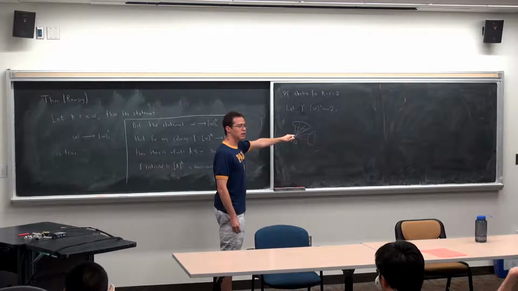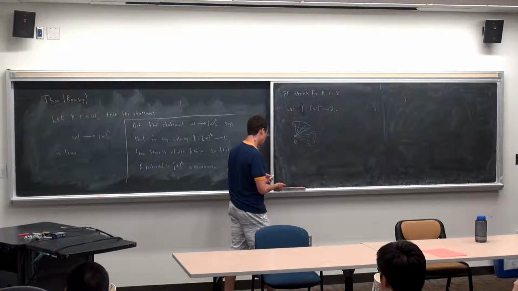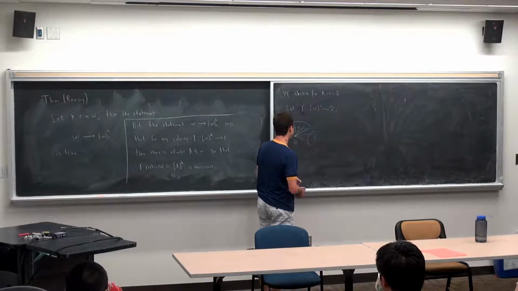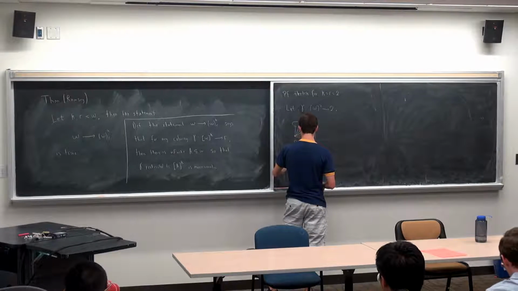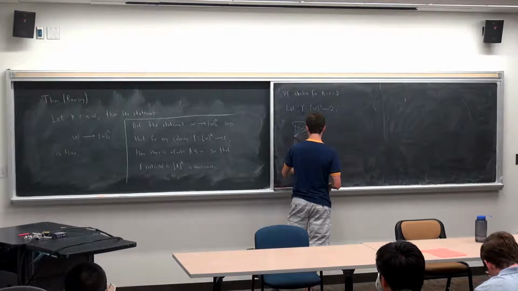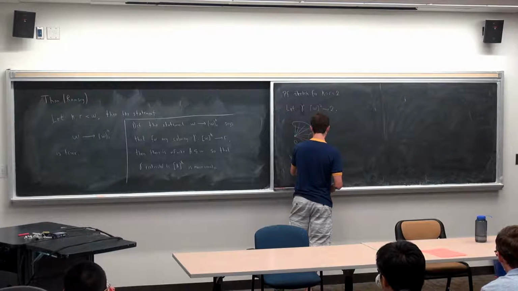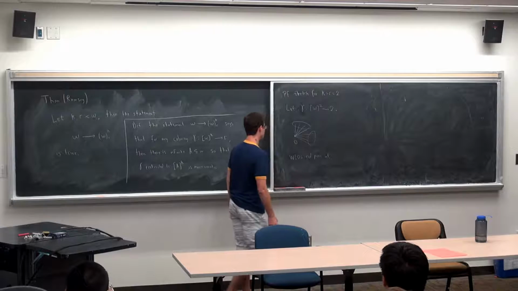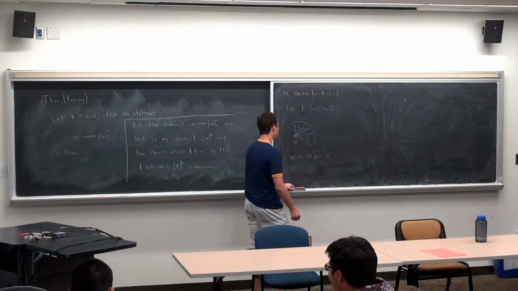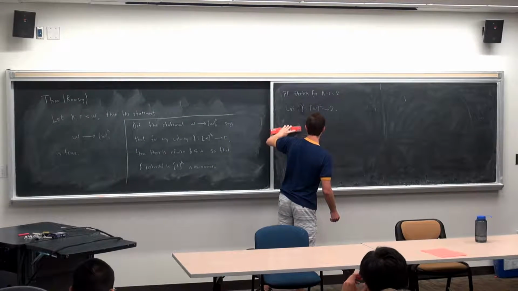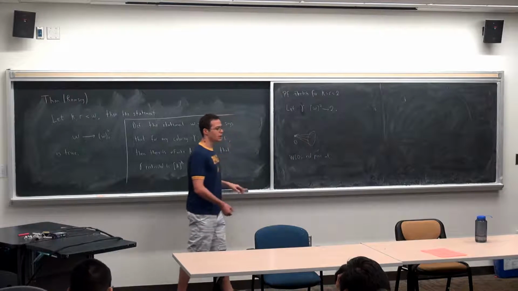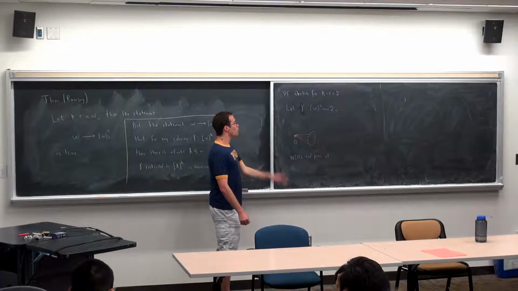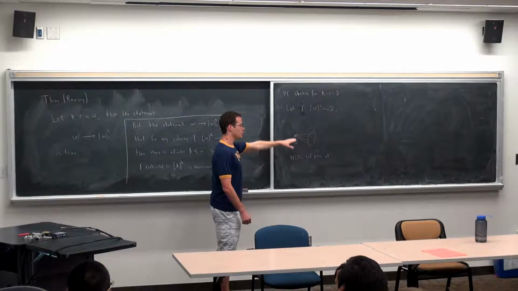One of these has to be infinite. So without loss of generality, say that the red piece was infinite. What I'm going to do is just throw away everything that had to do with the blue piece. That's just gone now. So we just deleted a whole bunch of natural numbers, and now we only have this red piece.